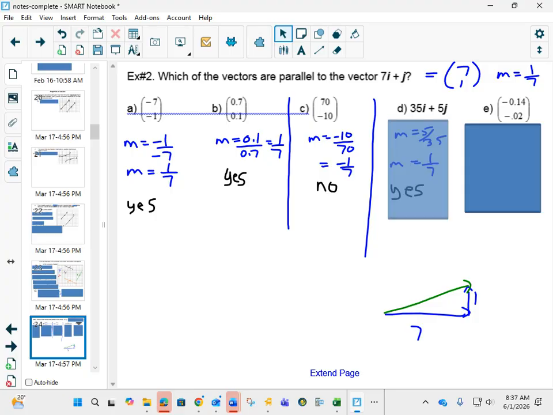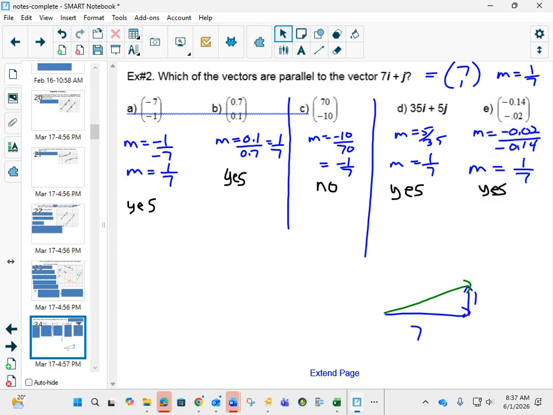Here, this is 35 over 5, which would be 5 over 35. And finally, 0.2 over 0.14.